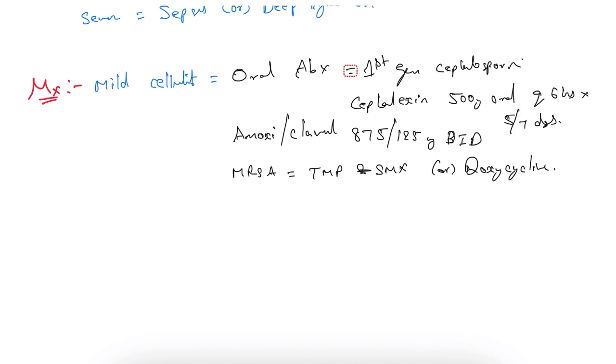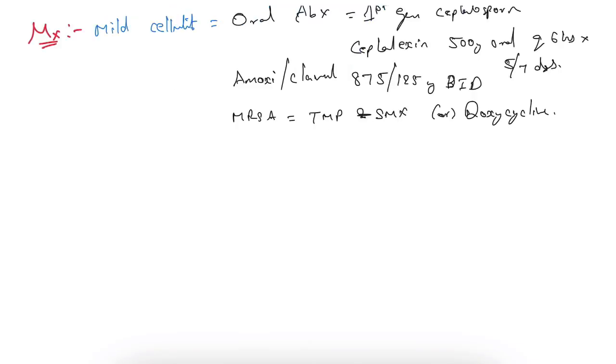The main causative organisms are Staphylococcus aureus and MRSA. If you are suspecting MSSA, go with dicloxacillin and cephalosporins. For MRSA, oral options are doxycycline, TMP-SMX, clindamycin, and linezolid. So these are the tricks we can give.